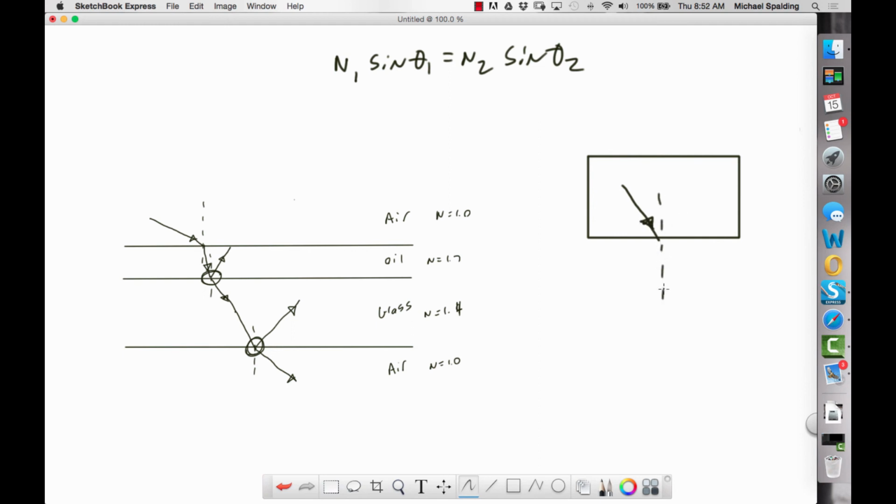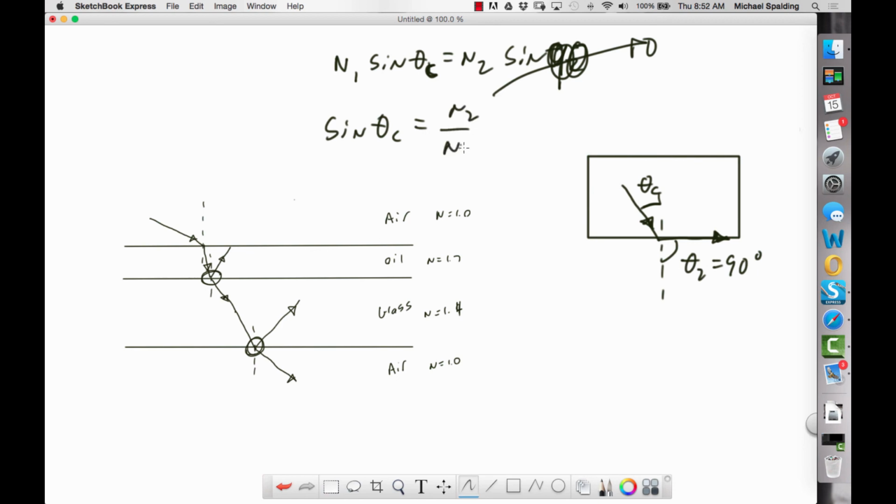So here's the boundary. What's the maximum it could refract? 90. The maximum refraction is 90, and what do you call this angle when that happens? The critical angle. So theta 1 is the critical angle, theta 2 is 90. What's sine of 90? 1. So what we're left with is sine of the critical angle is N2 over N1, where N2 has to be smaller.